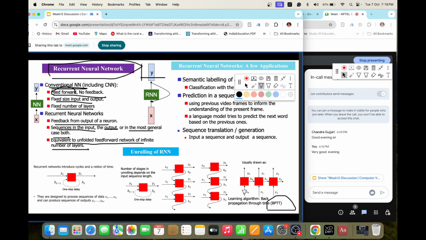So that is why here the algorithm is not back propagation, but back propagation through time, that is BPTT. Not only BP, that is back propagation, but back propagation through time. So that is the difference between your artificial neural network and this RNN, or recurrent neural network.